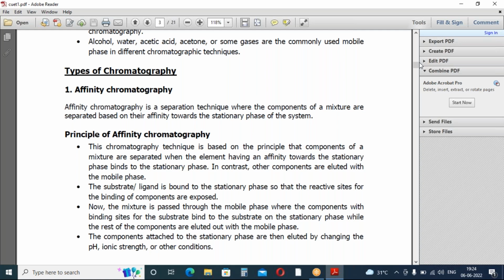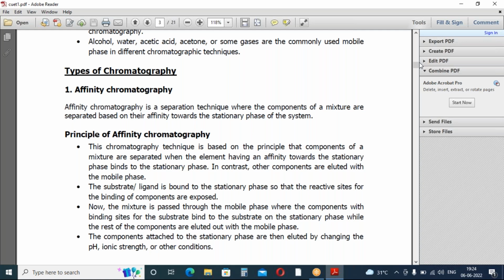What is the stationary phase here? The stationary phase should contain the binding sites or reactive sites for the mobile phase containing the mixture. That is the main principle behind affinity chromatography. You have to remember that, then you can answer.